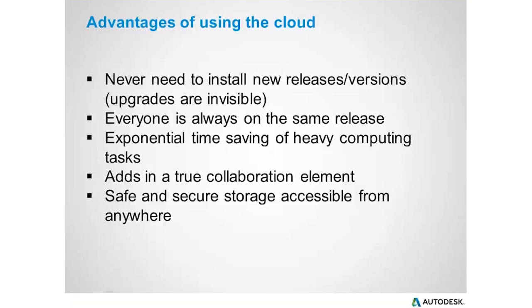We want to go fast, right? We don't want to go slow when we're using Revit or Civil 3D. We want speed, speed, speed. So we're not quite there yet with a full-fledged cloud application for all of our products, like Revit, for example, but I promise you we're working on it and that someday we're going to get there, where we'll be able to just run on the cloud.